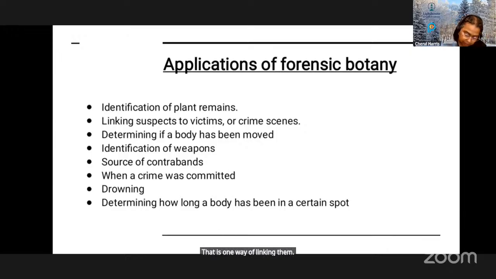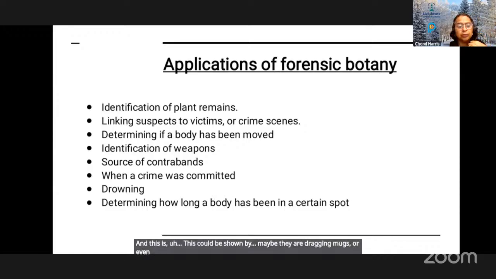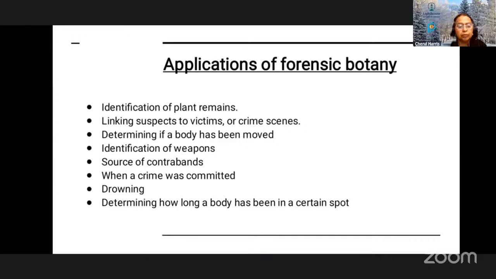Another one is determining if a body has been moved, and this could be shown by maybe dragging marks or even footsteps on plants like grass. Identification of weapons. In these, plant DNA analysis helps.